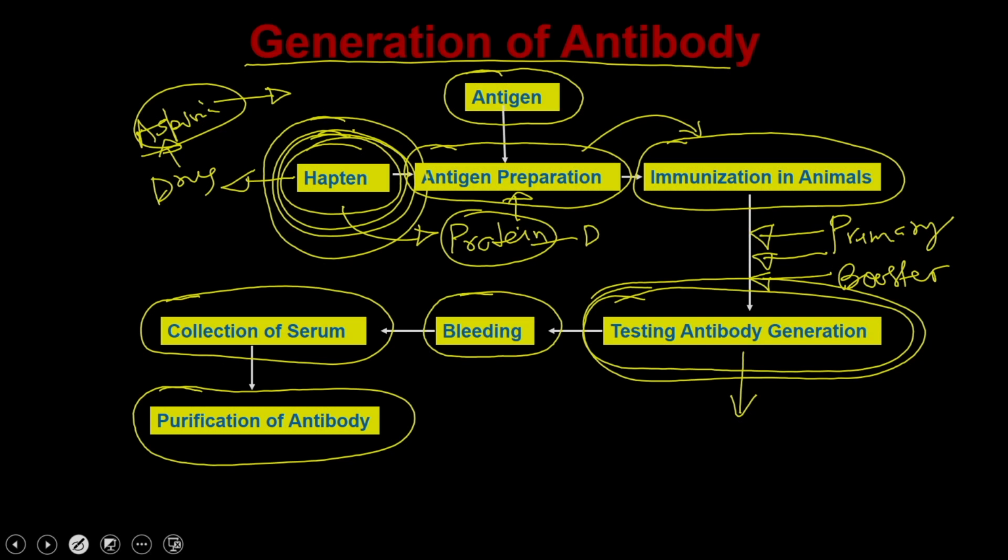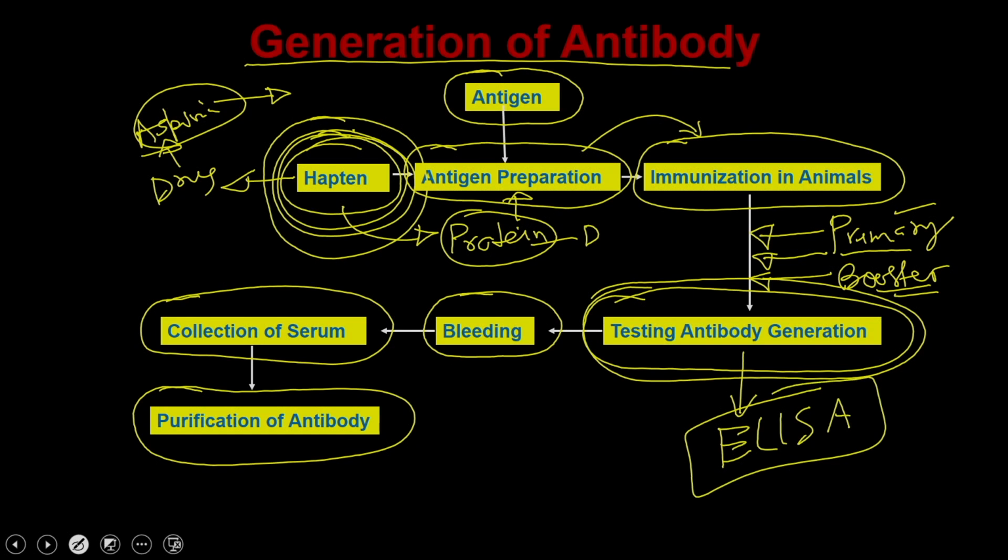And once you immunize the animal, you immunize it 2 times. One is the primary injection and then the secondary injection. With the help of the primary and secondary injections, you generate the antibodies. Then you test the antibodies with the help of ELISA, and once you see that the antibodies are being developed, you collect a large quantity of blood from the animal, and subsequently you collect the serum from the blood, and that serum is going to contain the antibodies.